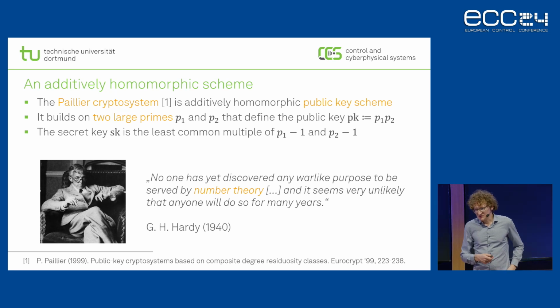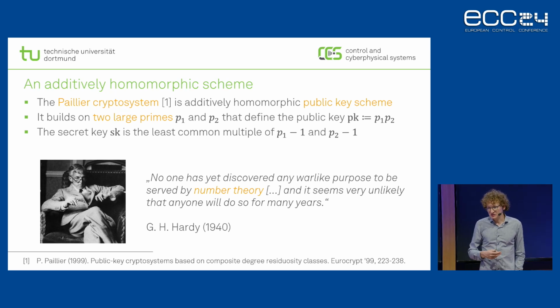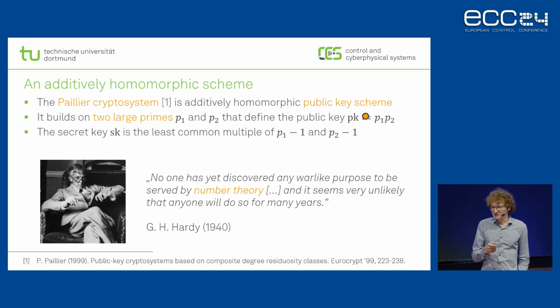Now, since many schemes start like this, they clearly build on number theory. For instance, you might ask, how can it be that the public key is simply the multiplication of these two primes, and then the secret key makes use of these two primes as well? Why can I not simply compute a prime number decomposition and reconstruct the secret key? Well, for small numbers this works, but for large numbers, it's known that prime number decomposition is hard, at least on classical machines.